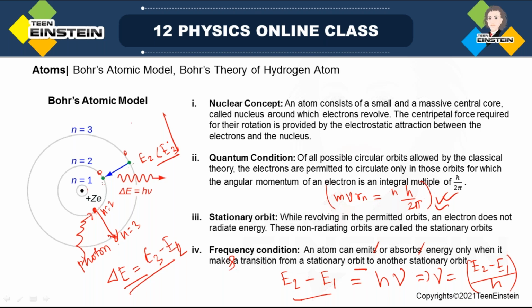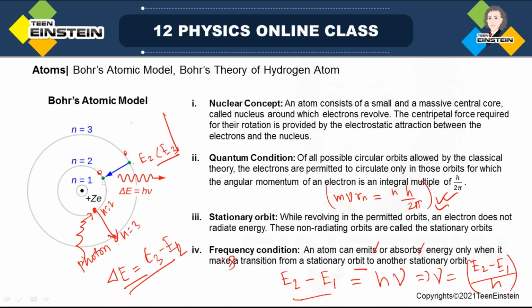Okay, so this is how the discrete nature of the atomic spectra can be explained up to a certain extent by Bohr's atomic model, which is given by a combination of the quantum condition and the frequency condition.